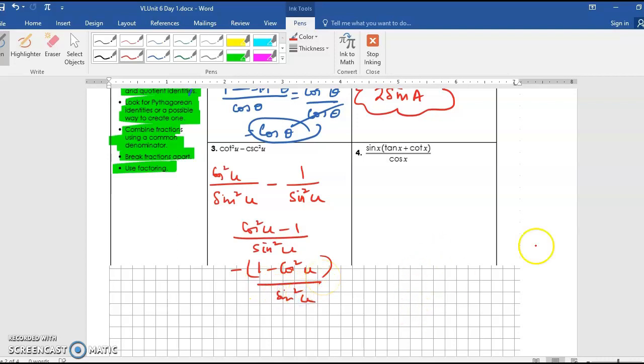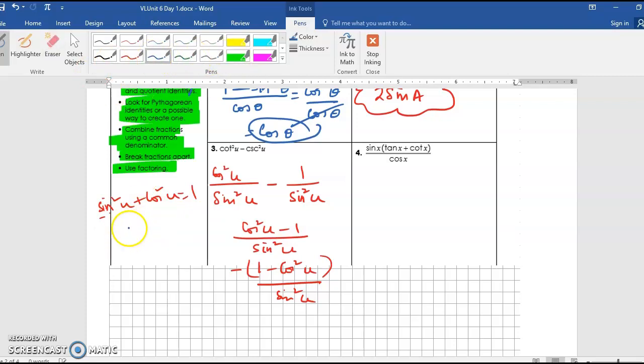But we know pretty well from our good old sine squared u plus cos squared u is 1. If I subtract sine squared u on both sides, cos squared u is also 1 minus sine squared u, isn't it? Or maybe the opposite. Actually, I could use the other one.